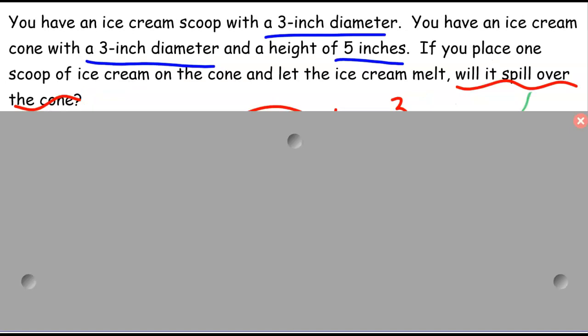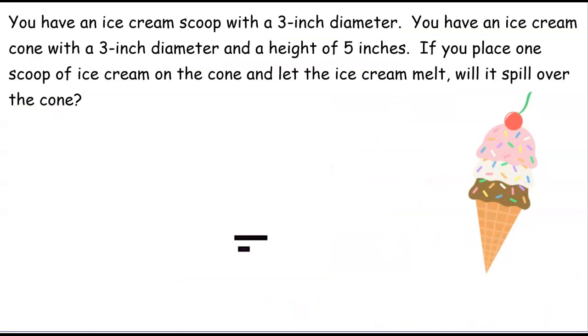Okay, ice cream scoops. Let's talk about some ice cream. So I've got an ice cream scoop with a 3-inch diameter. That's going to give me my ice cream here on top, right? That means my radius is going to be 1.5.